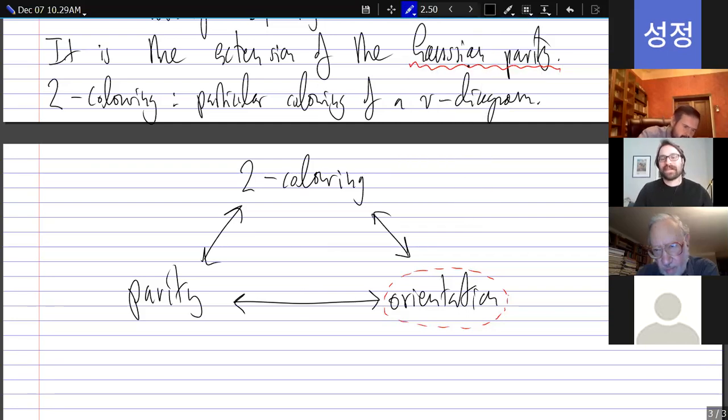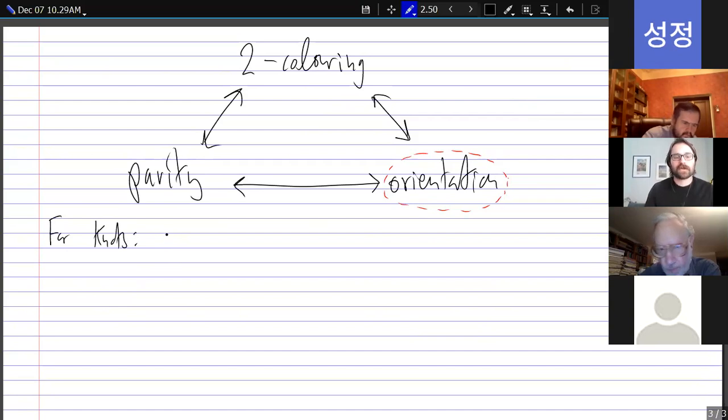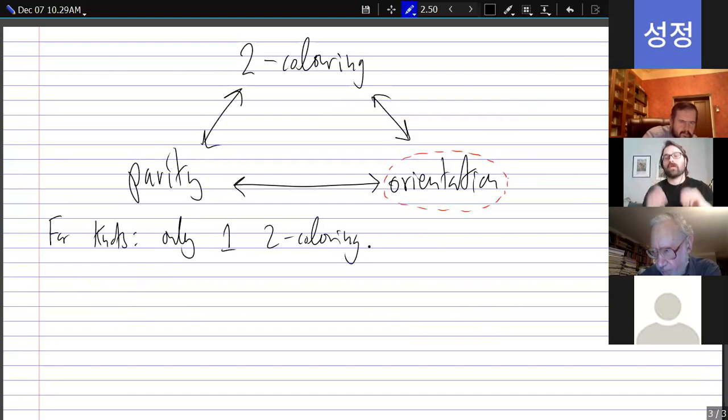I don't know if you can see, but when I change color, my drawing application doesn't let me scroll, which is acutely annoying. So for knots, it turns out, as I'll show you in a second, there is only one two coloring up to dualization, but really there's only one.